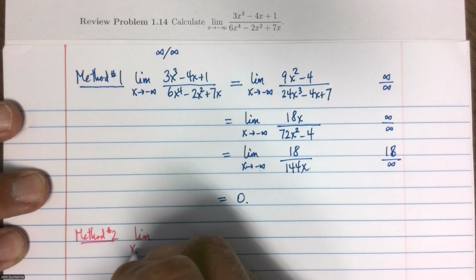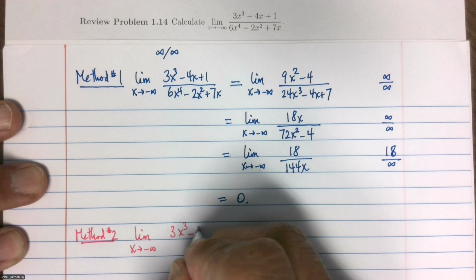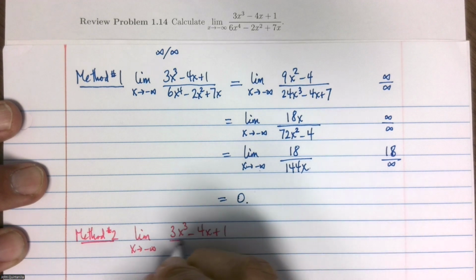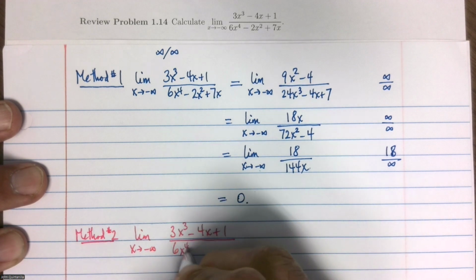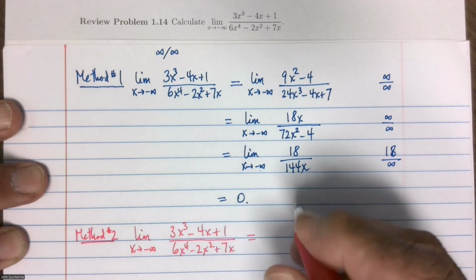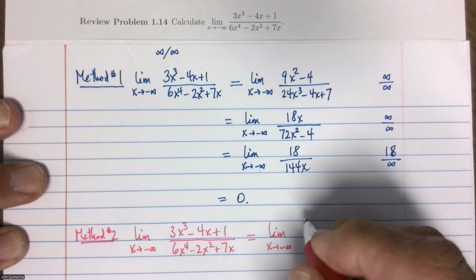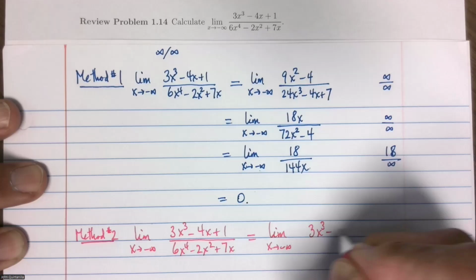Method number two, which is going to be a whole lot faster. The limit as x goes to negative infinity of 3x cubed minus 4x plus 1 over 6x to the fourth minus 2x squared plus 7x. All right, so let me rewrite the problem. Okay, so for the moment, I'm just copying.